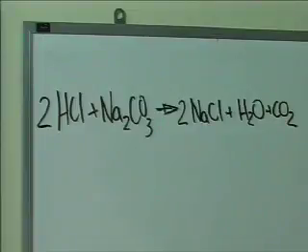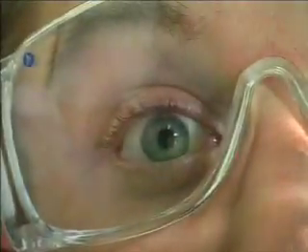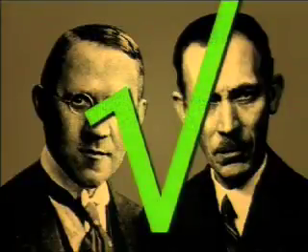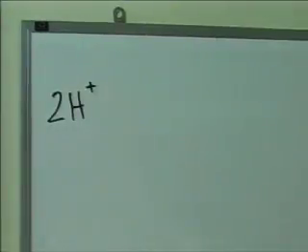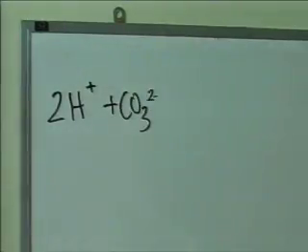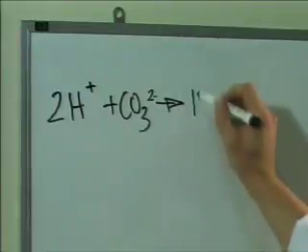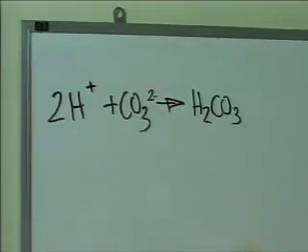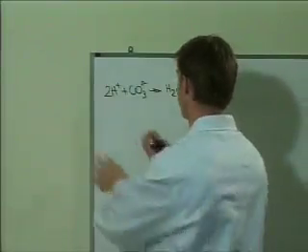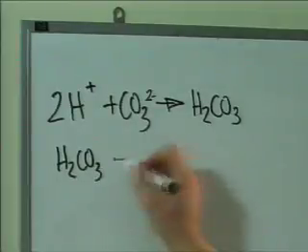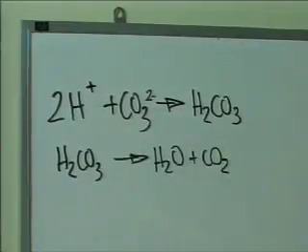But there's a little more than meets the eye. This is a Lowry-Bronsted reaction because the carbonate ion, or CO3, is a weak base. It accepts a proton from each of the HCl molecules and forms carbonic acid, like this. But carbonic acid isn't stable, and it breaks up to form the carbon dioxide and water, like this.